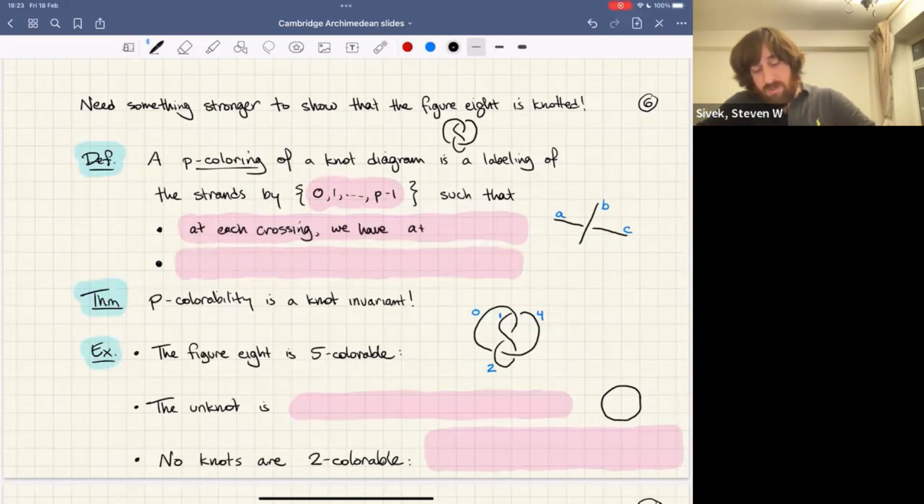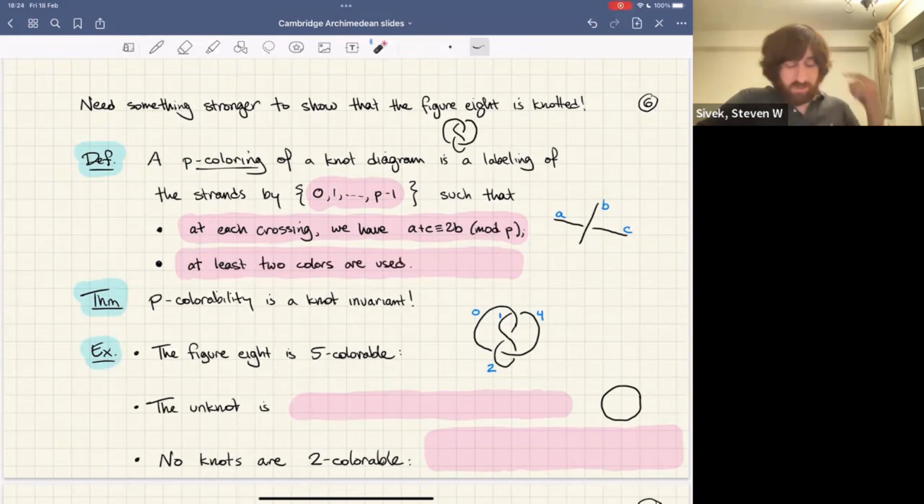We're going to ask that the sum of the two undercrossing strands is the same as twice the overcrossing strand mod p. And the second condition is not necessarily that all 3 colors are used. I'm just going to ask that we use more than 1. So at least 2 colors are used.